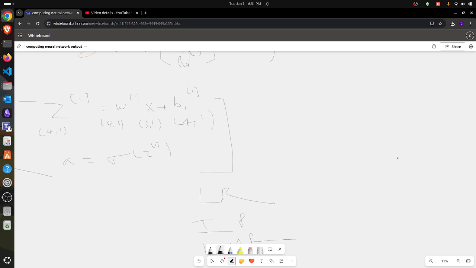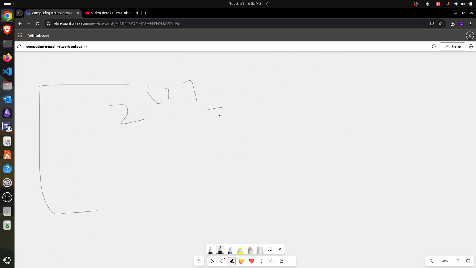So Z2 is going to be equal to W2 A1, sorry, I wrote it wrong, A1 plus B2, and the dimensions will be 1 by 1 for this thing, then 1 by 4 for this thing, and 4 by 1 for this thing, and 1 by 1 for this thing.